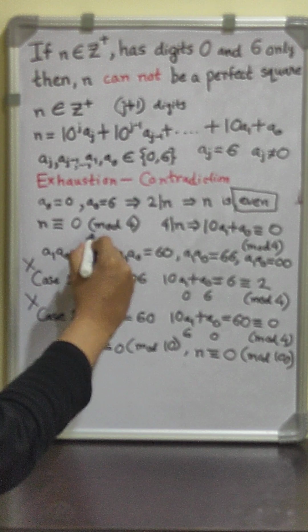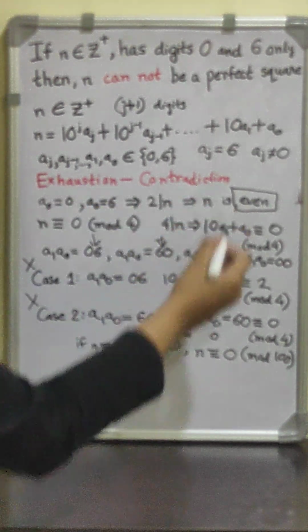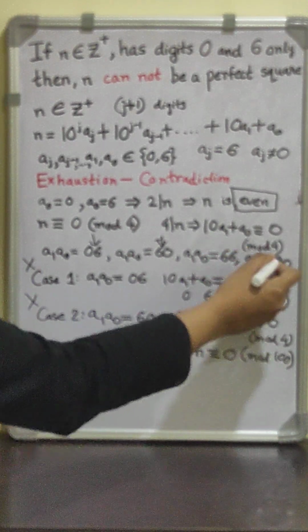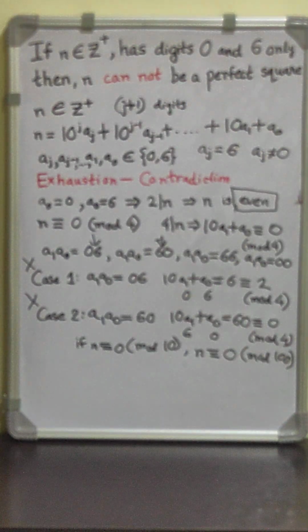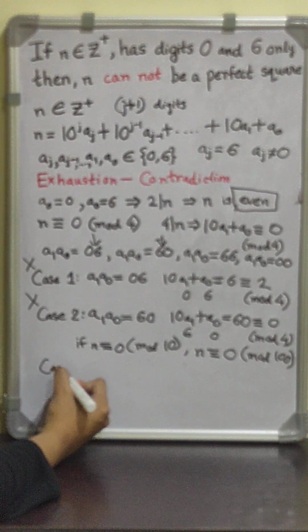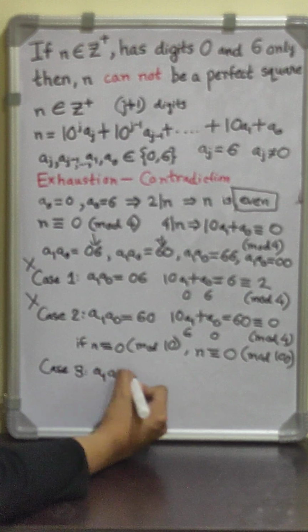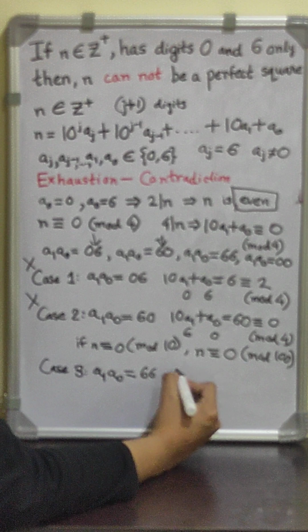I have already contradicted two options that I have exhausted. We are getting there, and I have two more cases to contradict to finally prove this formally, and my problem would be done. So I'm going to look at case 3 here, which says A1 A0 is 66.